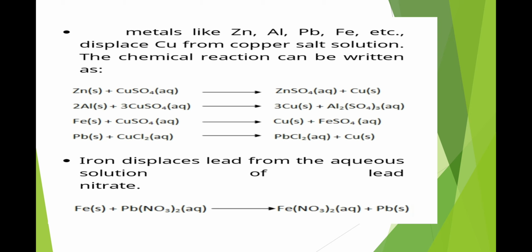In this lead nitrate, Fe, being more reactive than lead, displaces lead, and we get iron nitrate, or ferrous nitrate, and the lead is displaced. The reaction will be Fe plus Pb(NO3) taken twice. It gives Fe(NO3) taken twice, that is ferrous nitrate, plus lead.